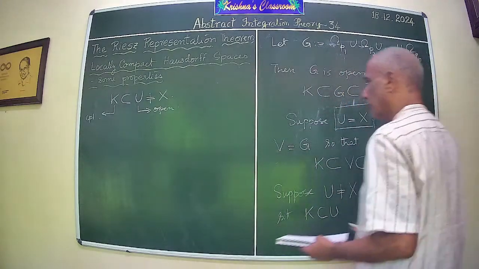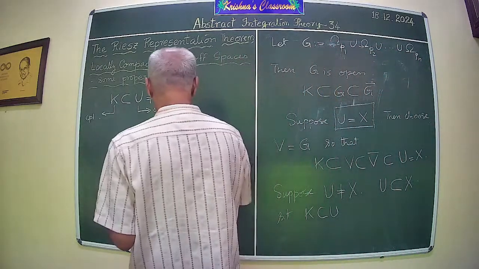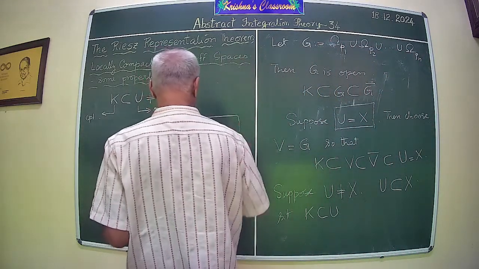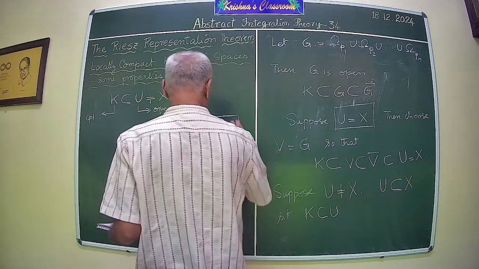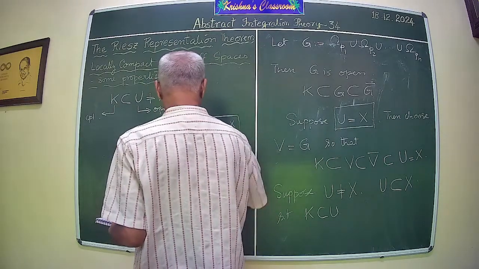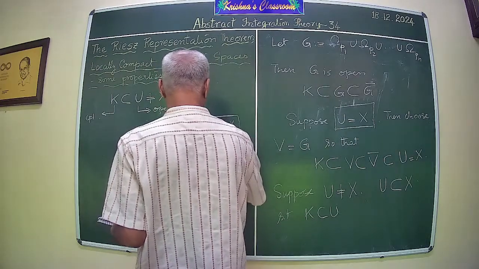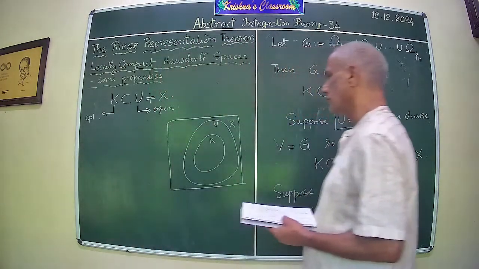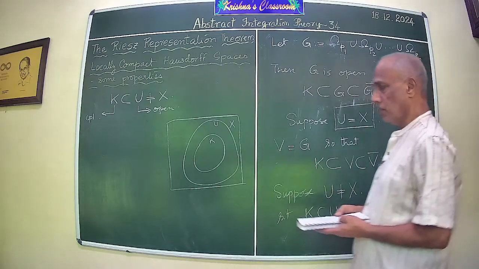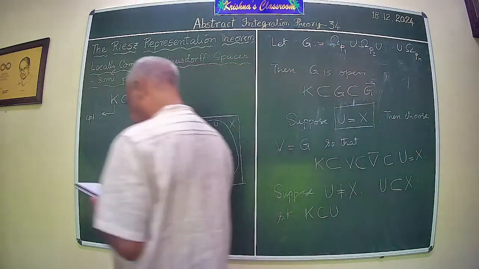Okay, now what we do is take up the scenario. So this is your X. This is your K. U is somewhere. U is not X. Now what one does is the following.